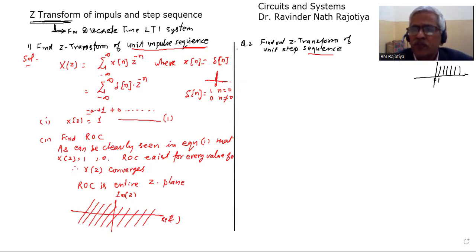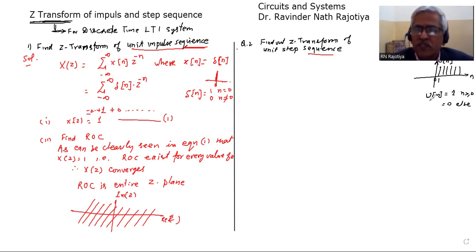For positive values of n, the unit step, now it is not u of t, it is u of n. How do you define it? I define u of n equal to 1 for n greater than or equal to 0 and 0 otherwise.